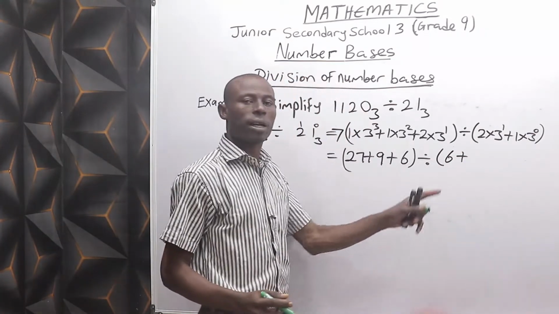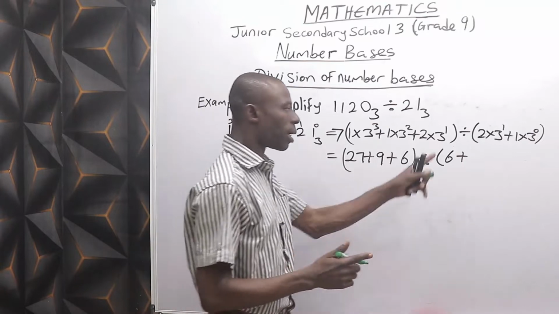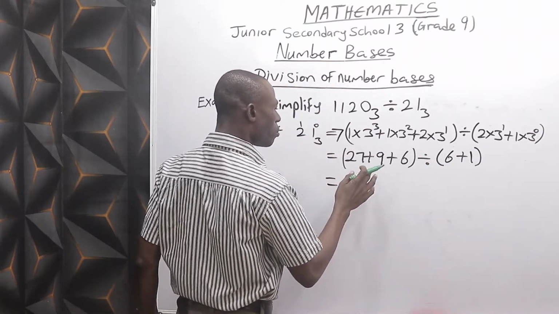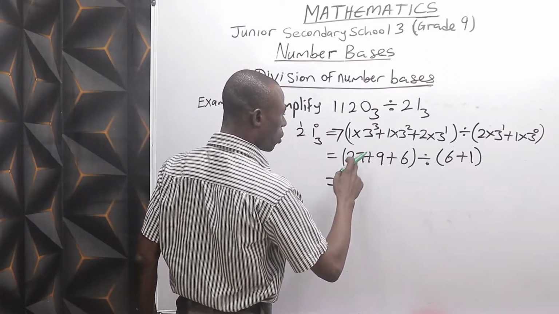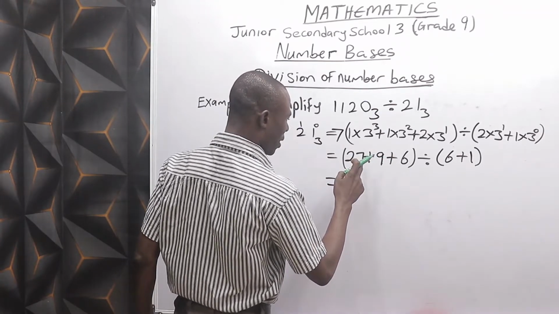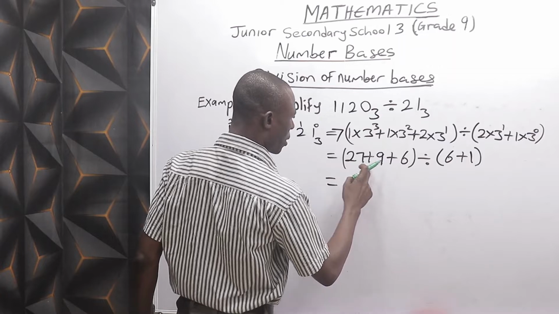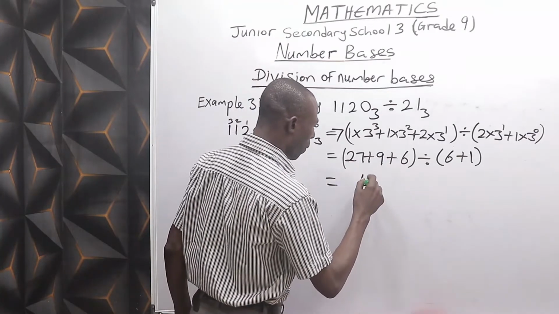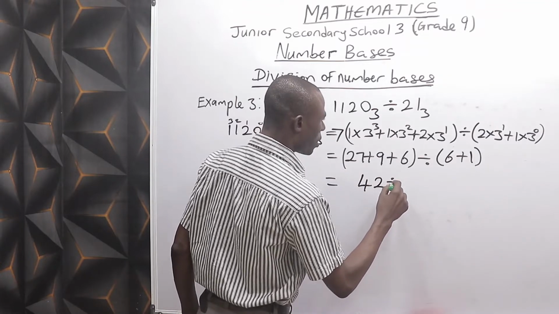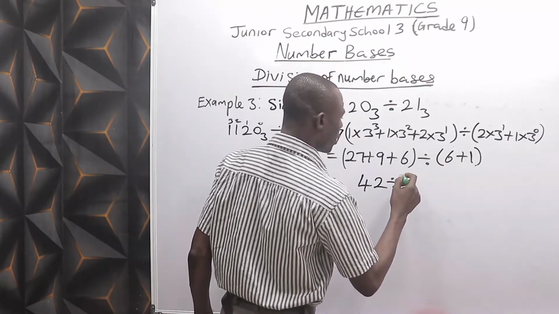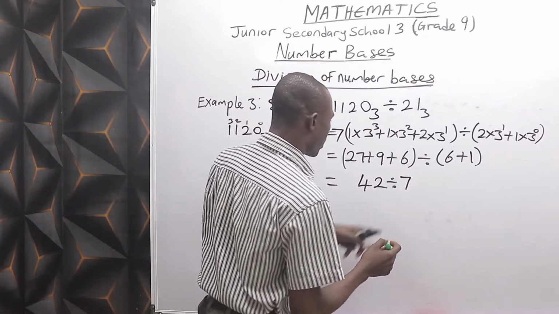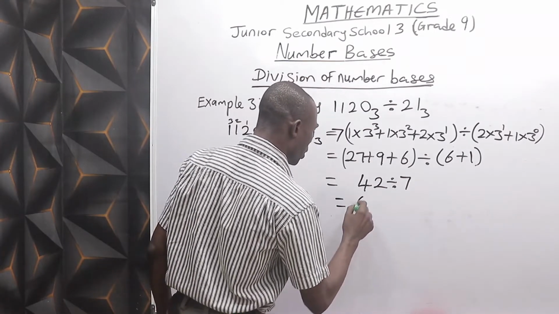Plus 3 raised to power 0 is 1. 1 times 1 is 1. So here we have 27 plus 9. That is 36 plus 6. That is 42. Divided by 6 plus 1, that is 7. 42 divided by 7, that gives 6.